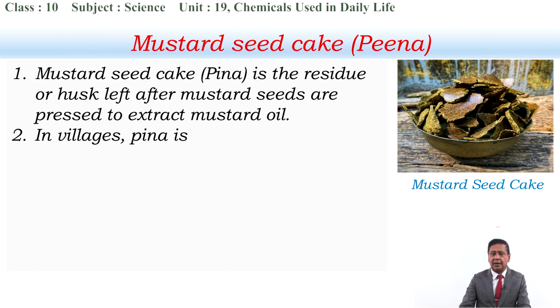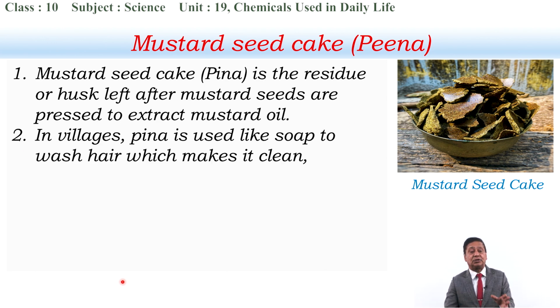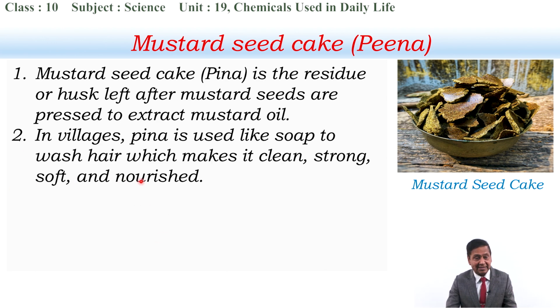Now in villages, pina is used like soap to wash hair, which makes it clean, strong, soft and nourished. If we use this pina, it makes our hair clean, strong, soft and nourished. It gives nourishment like shampoo, because it contains different chemical substances which are useful to the hair.